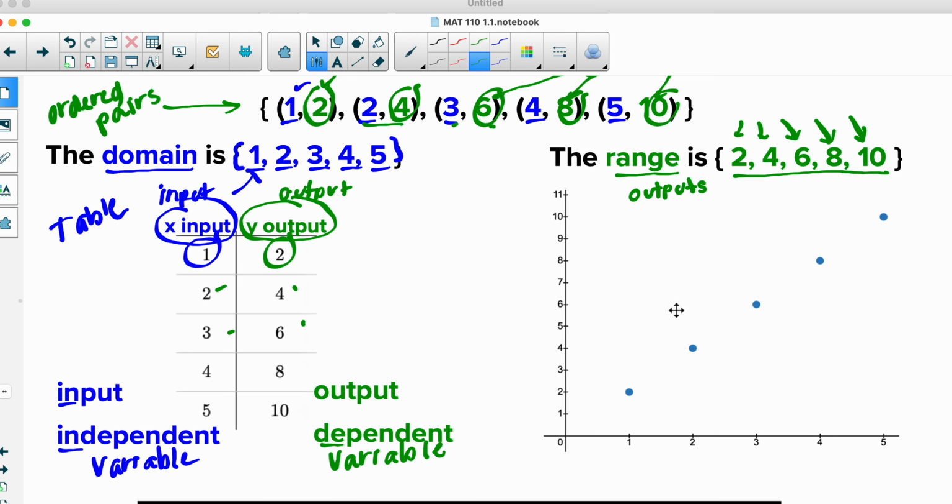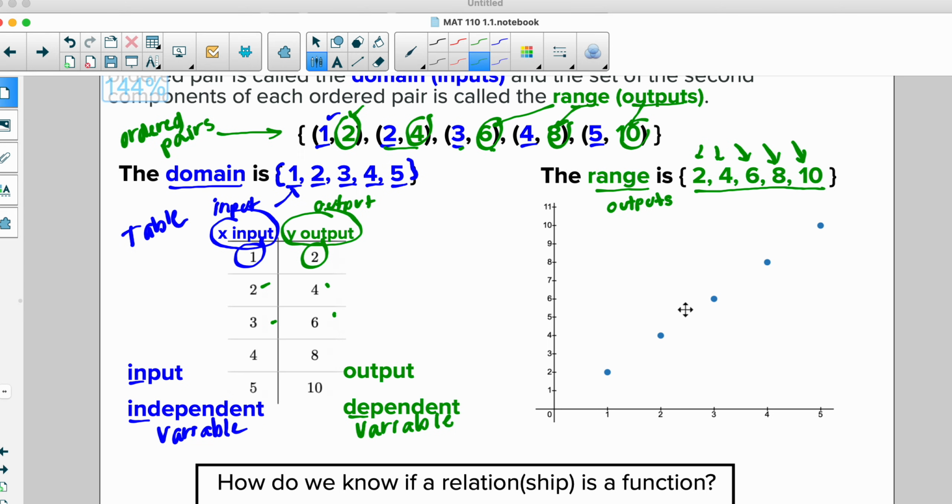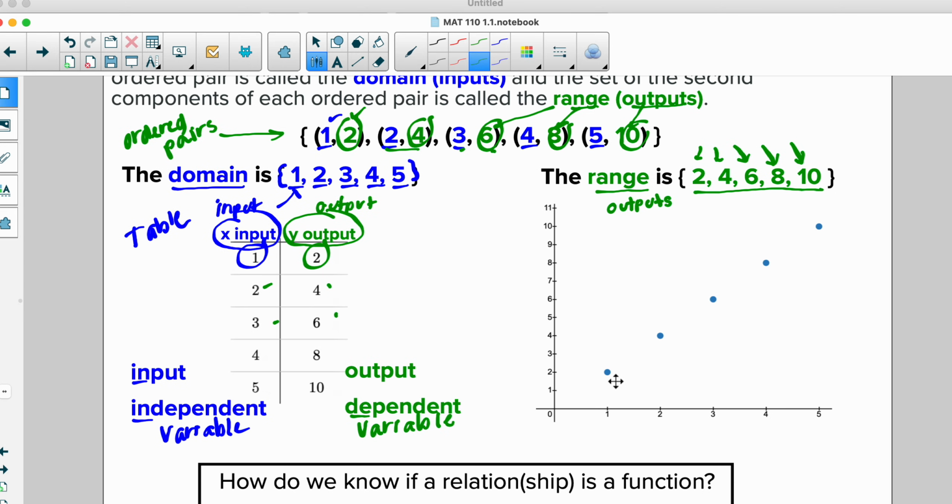Lastly, we can represent relationships and functions graphically, and that's what I have here. So if this is my x-axis and this is my y-axis, we're always going to have the inputs on the horizontal axis, and we're always going to have our outputs on the vertical axis. So these are my outputs here.